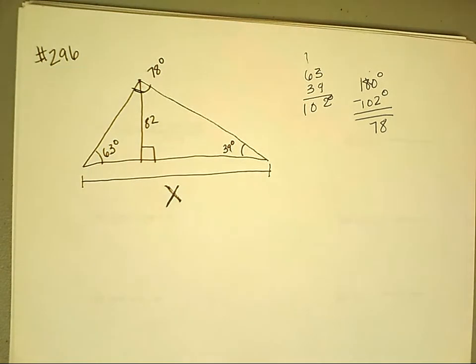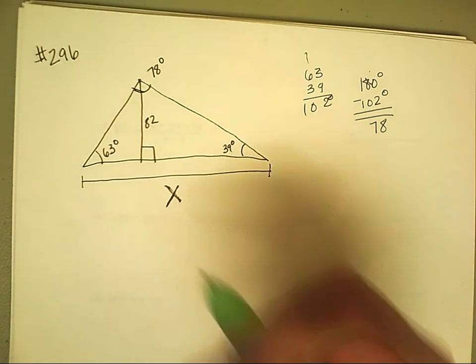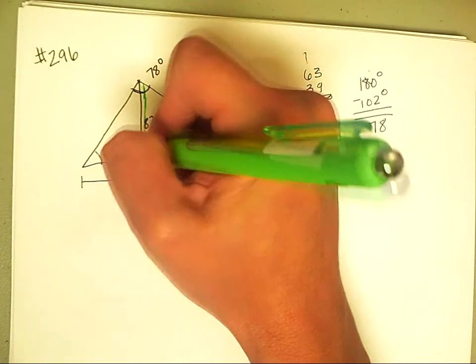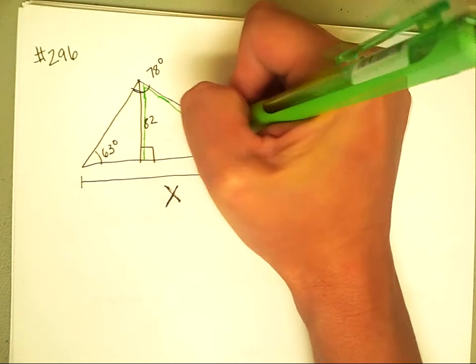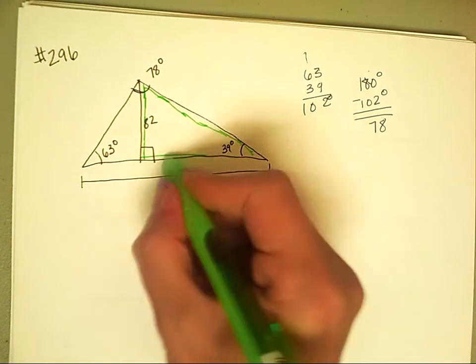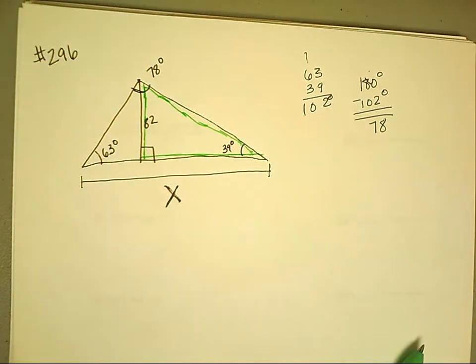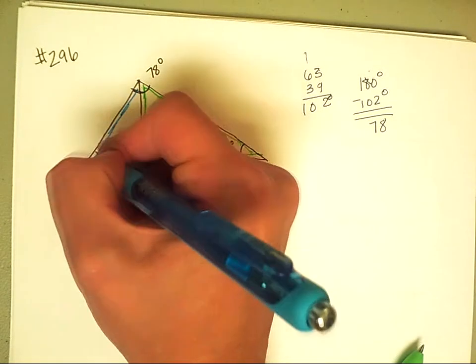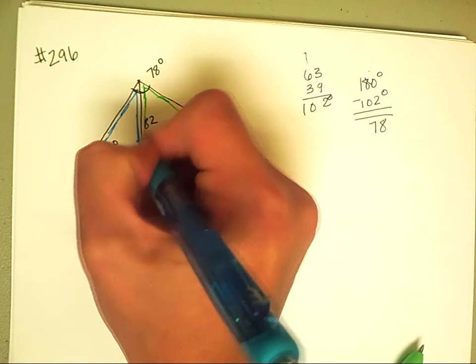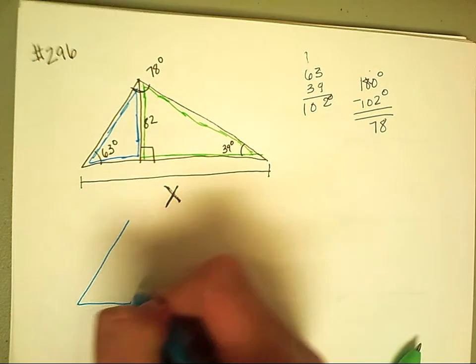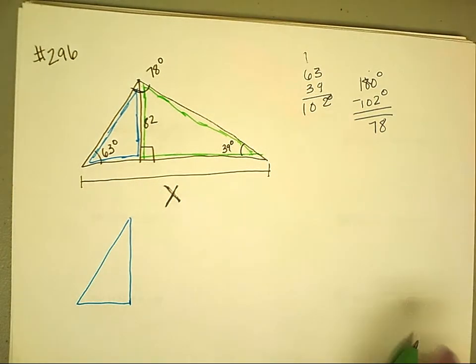So we do not have a right triangle in the entire place. But I do have a right triangle here, and I have another one here. So let's pull those out so we can look at it.